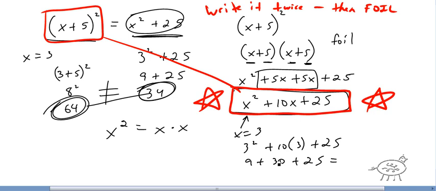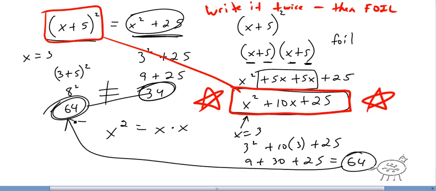That's 39, and 39 plus 25 is 64, which is exactly what we got here. So these are the same, and that's your answer. But don't square the x and square the 5. That's really, really bad. That's such bad math to do.